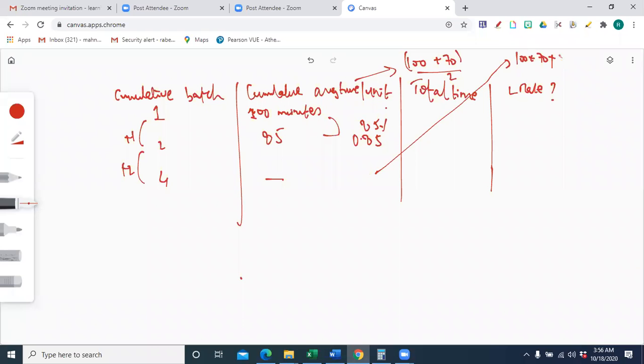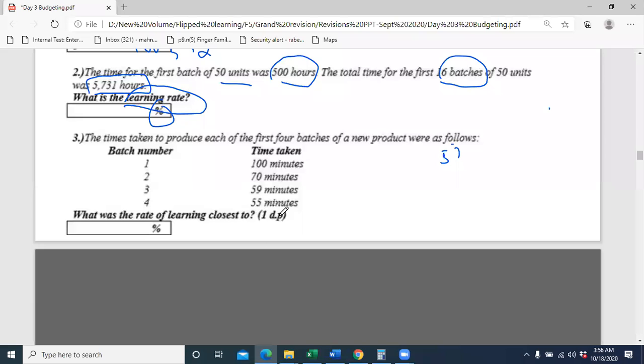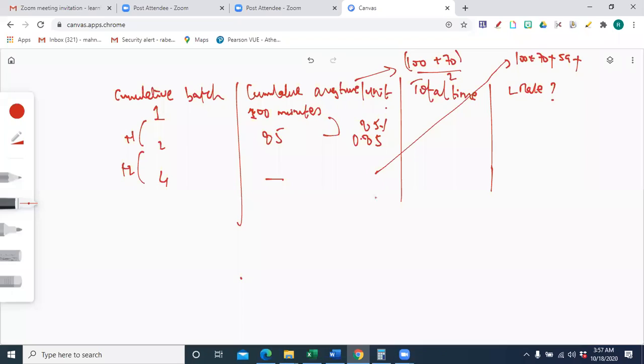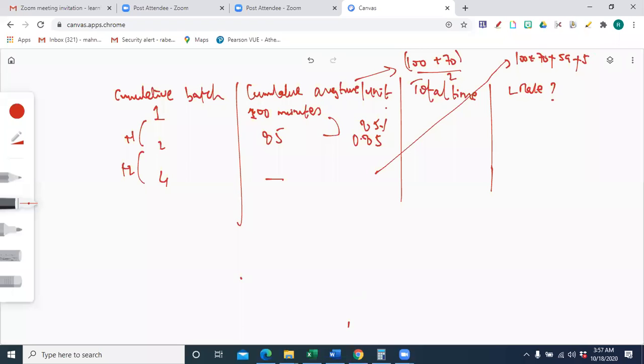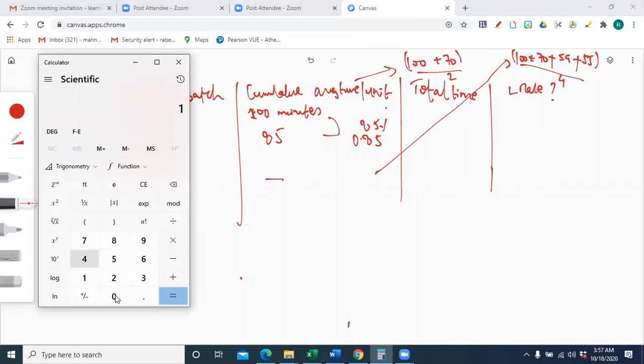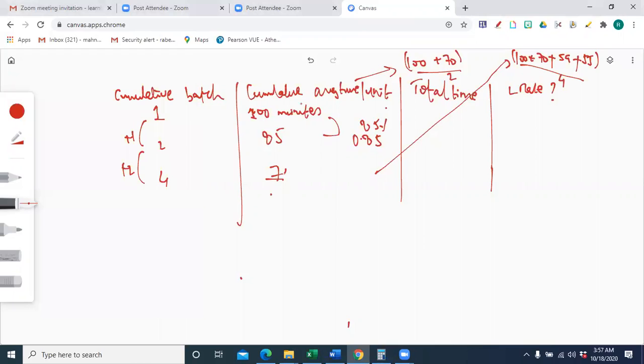Just add them all up. And this time it will be divided by 4, since these are 4 batches produced together. So it's 170 plus 59 plus 55, 284 divided by 4, 71. This is the cumulative average time per unit.